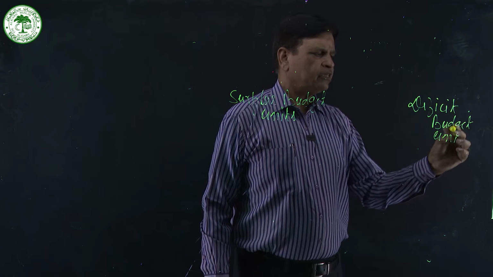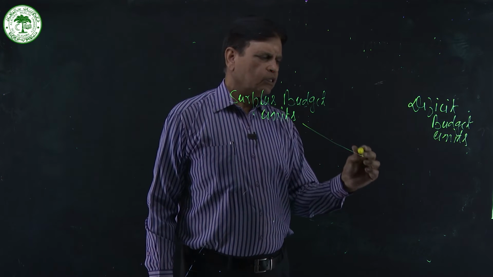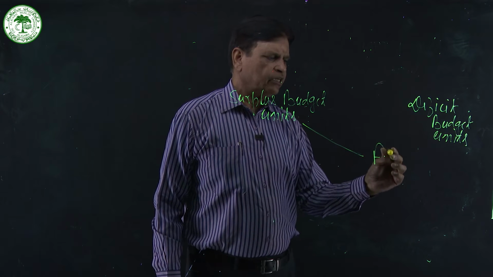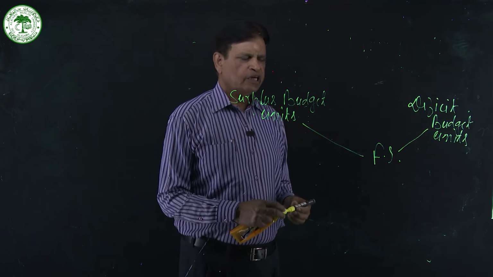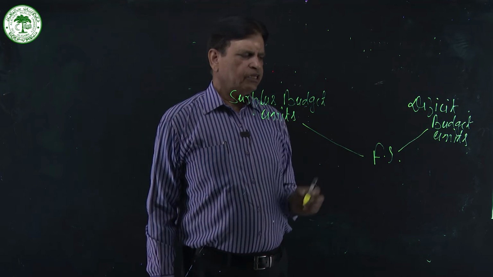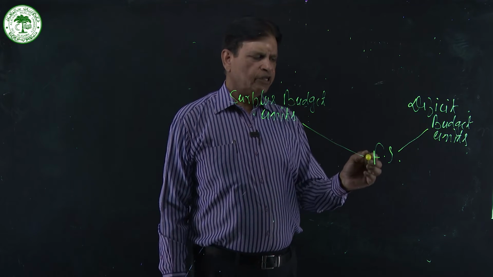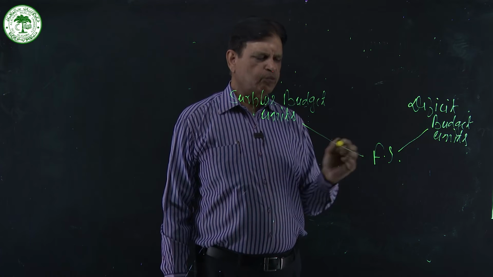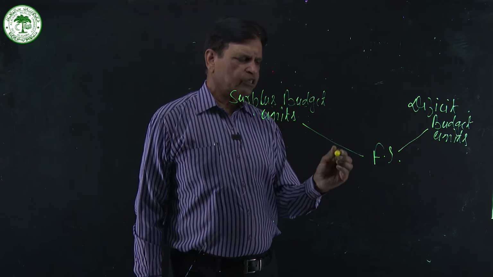What they do is that financial intermediaries issue their own securities, they issue deposits, they issue bonds, and these are purchased by the surplus budget units.